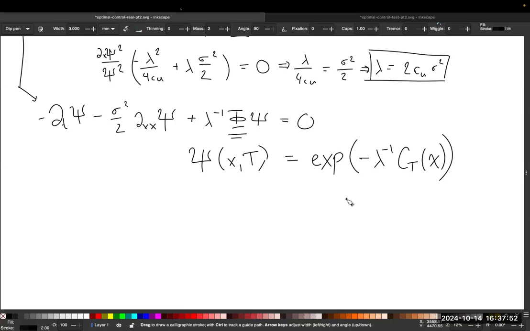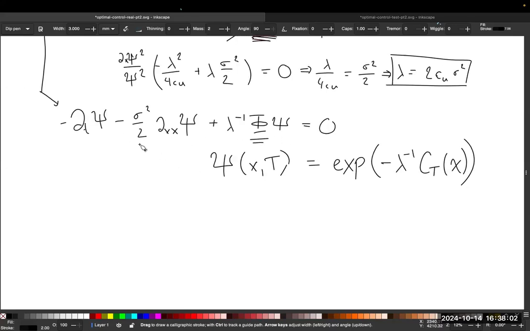I want to talk about what sort of equation this linear equation is. I've written this as negative partial t of psi, to get us to think about this running backwards in time.